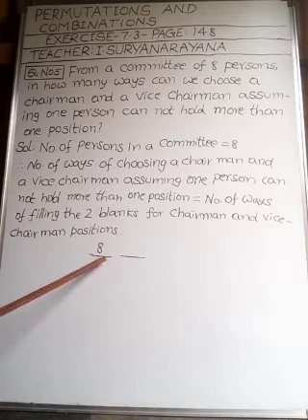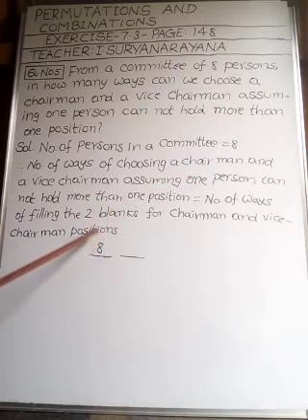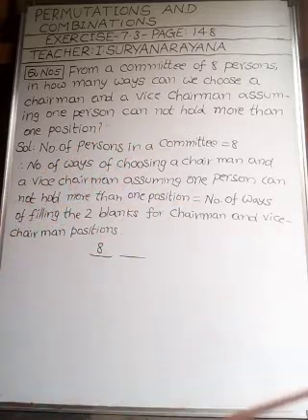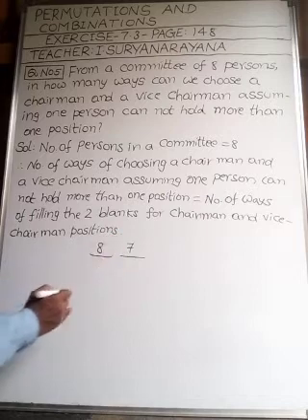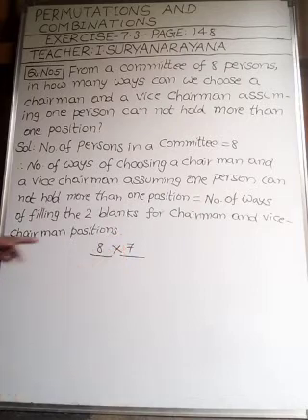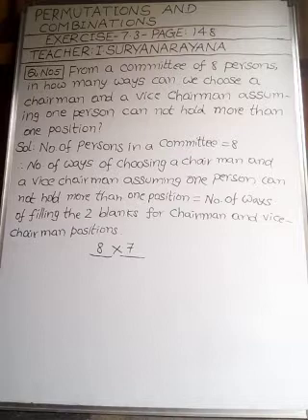After filling the first position, one person has already been selected for chairman. How many persons will be left in our hand? 7. Yes or no, my children? So by the fundamental principle of counting, or fundamental principle of multiplication, 8 into 7, 56.